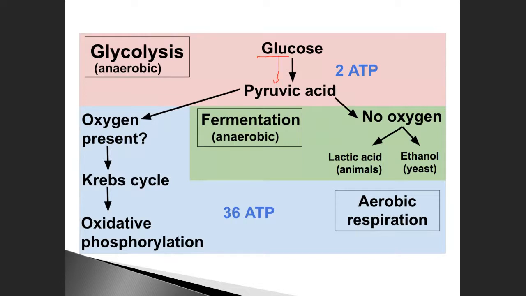And if there is no oxygen available, in bacteria, they undergo fermentation, right? Yeast turn that pyruvic acid into alcohol, right? So we get our beer and our champagne and our wine from yeast. Thank you, yeast, for doing that for us.